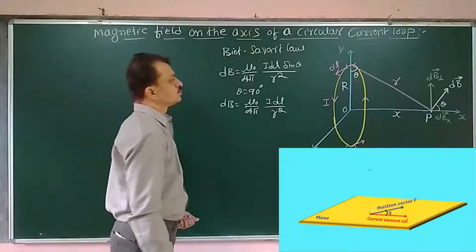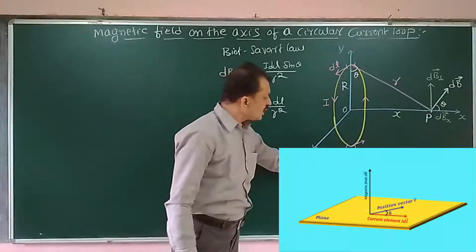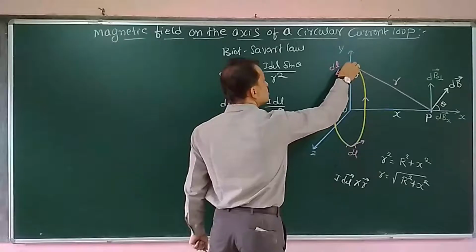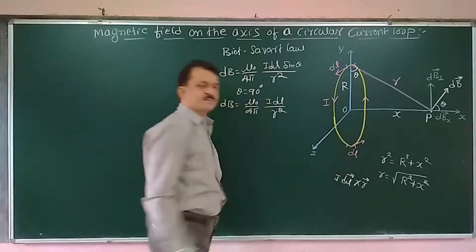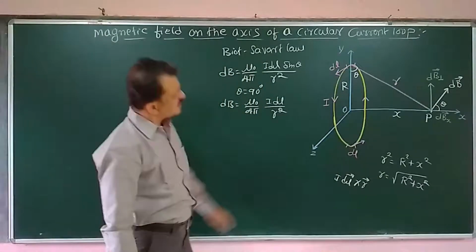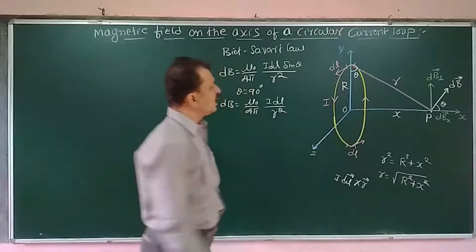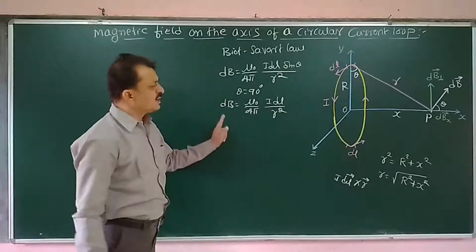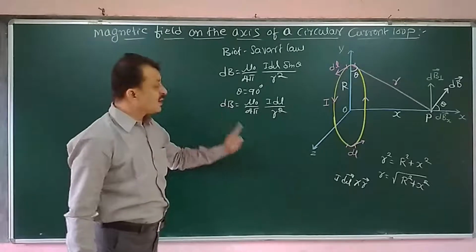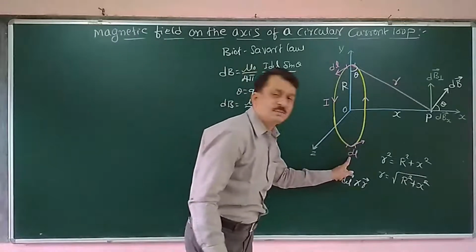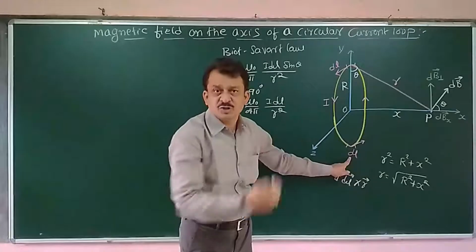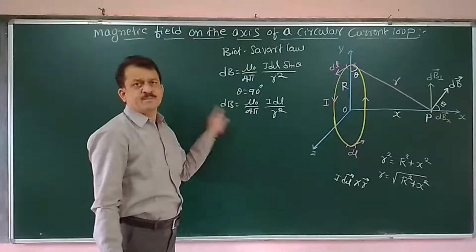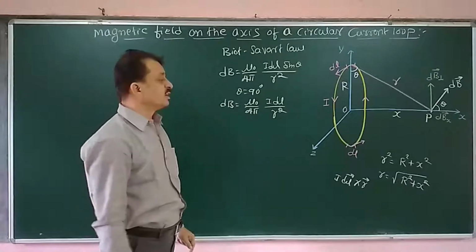Now, if I consider one more current element which is diametrically opposite to the first current element, and do the same thing here, we also get the magnetic field due to this other current element. Magnitude remains the same, but what about the direction?